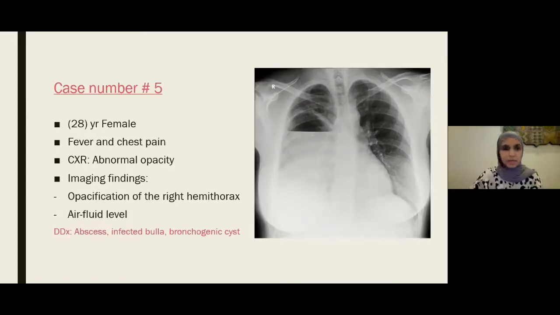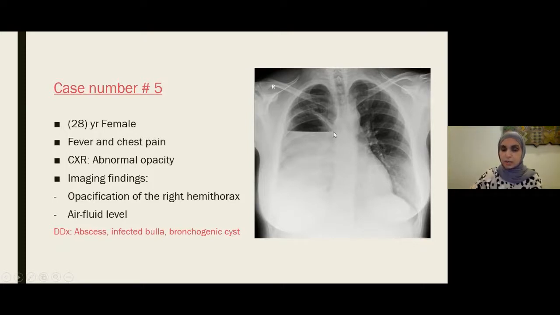This is a mimicker case. She's a 28-year-old female complaining of fever and chest pain with abnormal opacity in her chest. We can see a homogeneous opacity in the right hemithorax with an air fluid level.